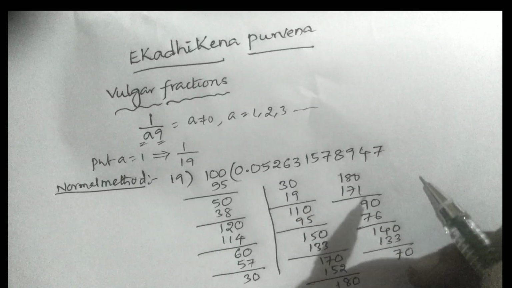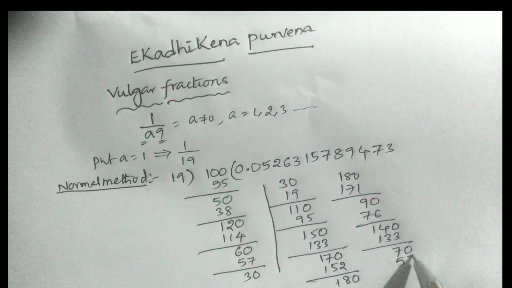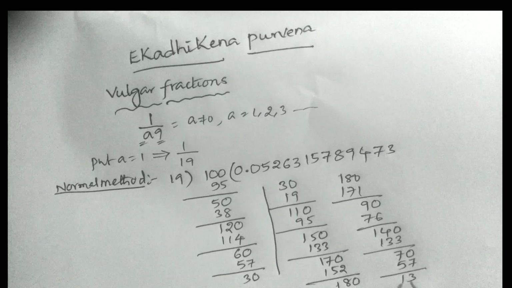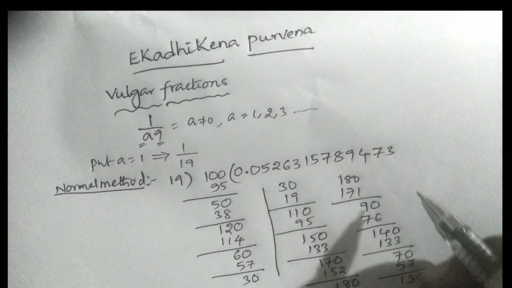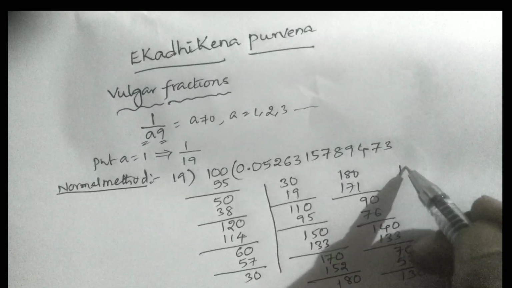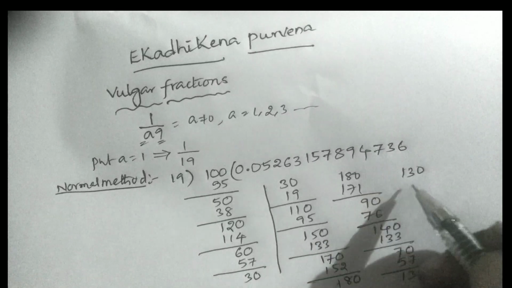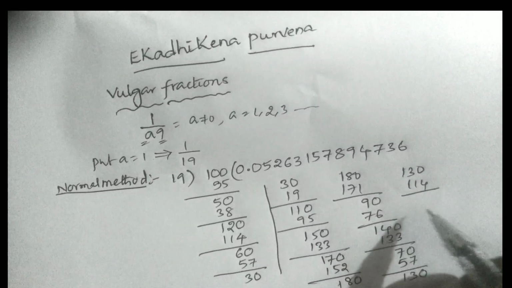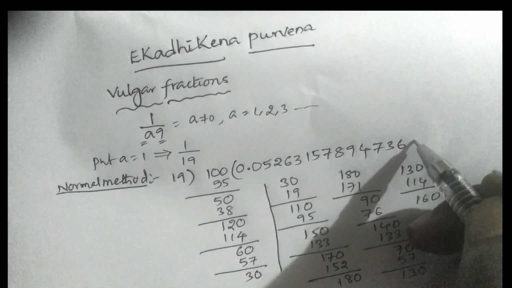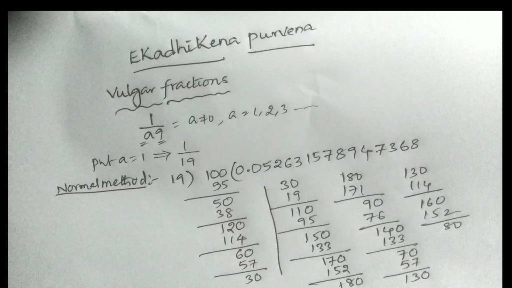19 3s are 57, subtract the numbers, that is 13, take 0, it becomes 130. Again 19 6s, write 6 in the quotient part, 114, subtracted, again 16, it becomes 160. 19 8s are 152, subtracted, it becomes 8, 80.